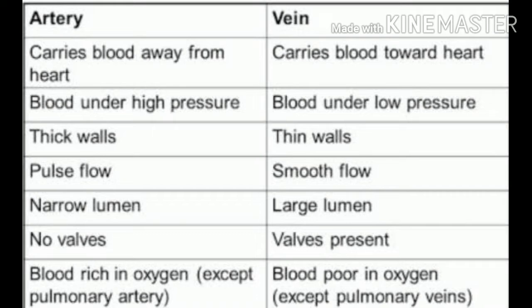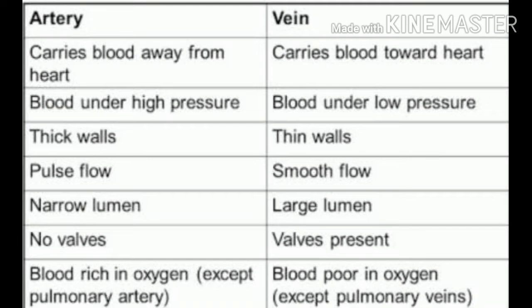That is why arteries have thick walls, veins have thin walls. In arteries, blood flow with pulse, with jerks, while in vein they flow smoothly. Arteries have narrow lumen, veins have large lumen. In arteries, there are no valves.